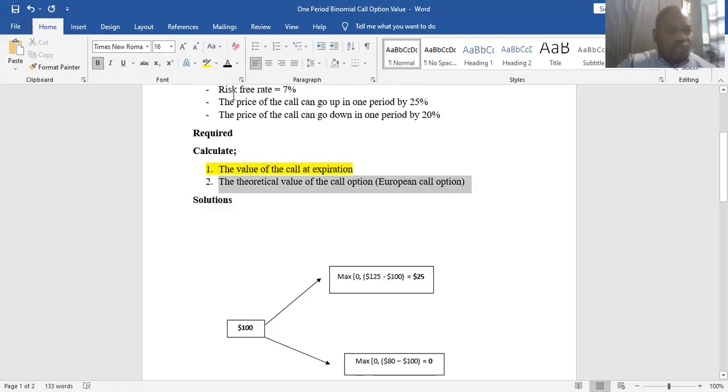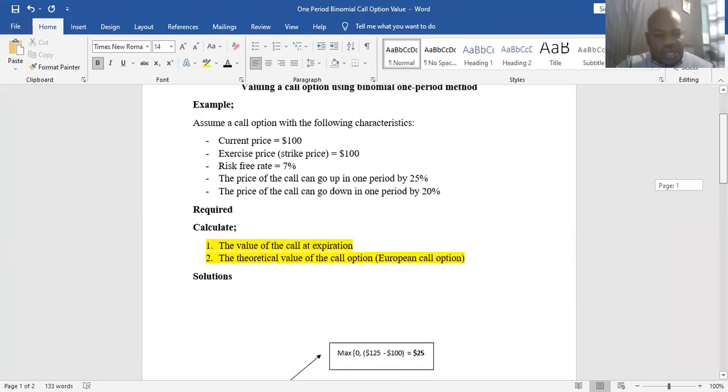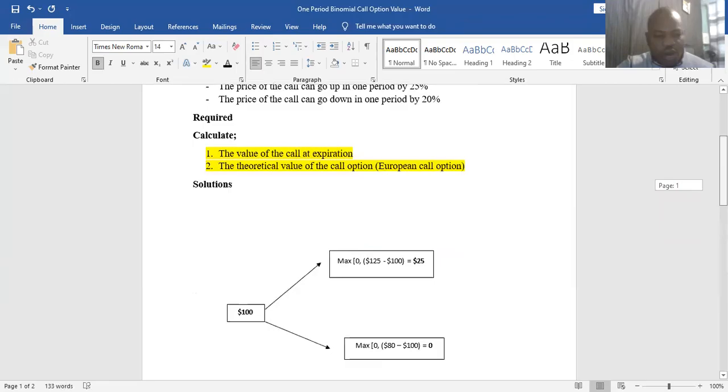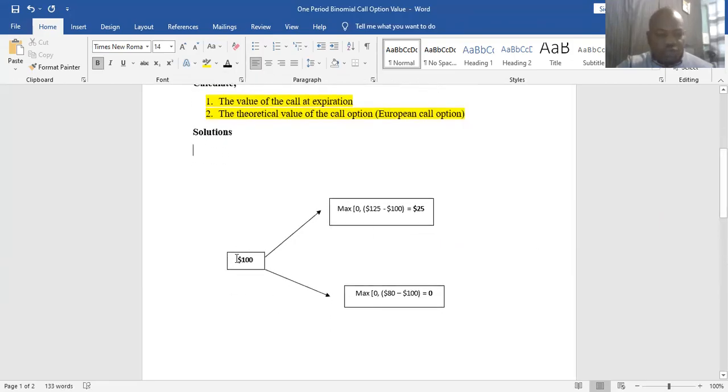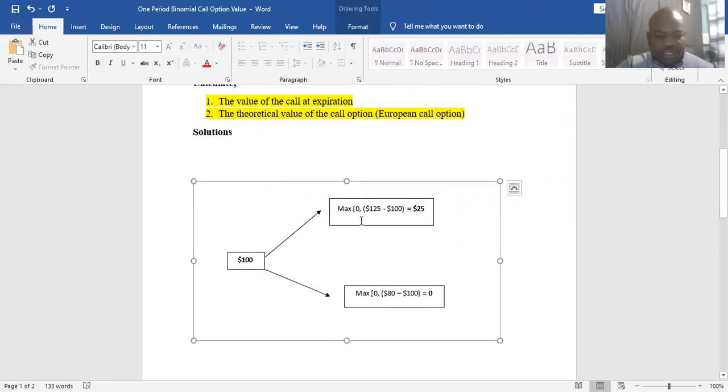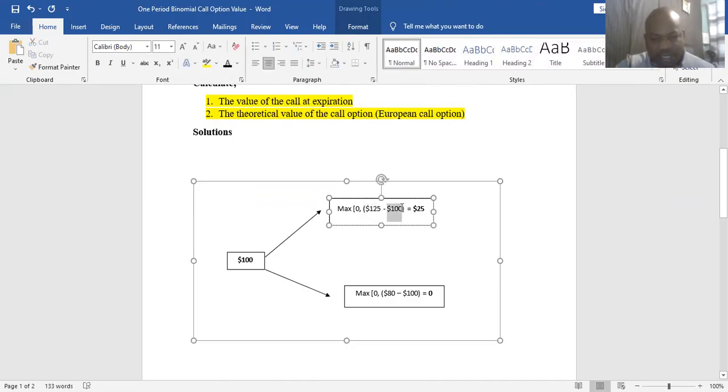So I've dealt with the two requirements that the examiner wanted me to calculate. The first one is the value of the core at expiration. So we have two possible options here. 100 increasing by 25% gave us 125. 125 minus the exercise price gave us 25. All right, so we are choosing the biggest number between 25, which is what we find here, and the 0.